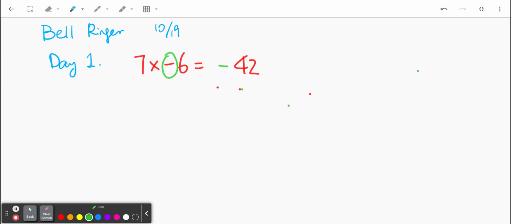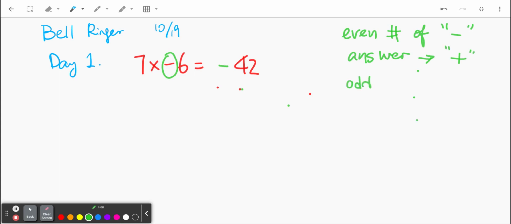Remember, this is what you need to write down. Even number of negative, answer is positive. If you have odd number of negative, then answer is negative.